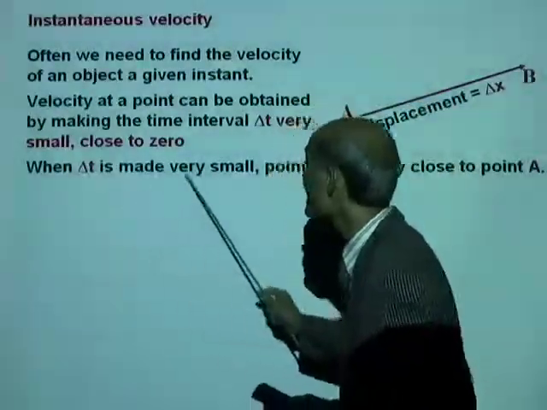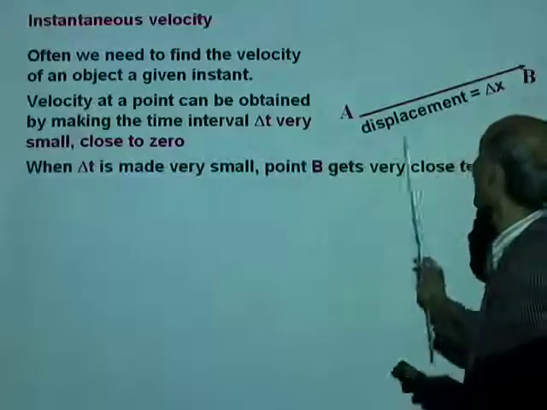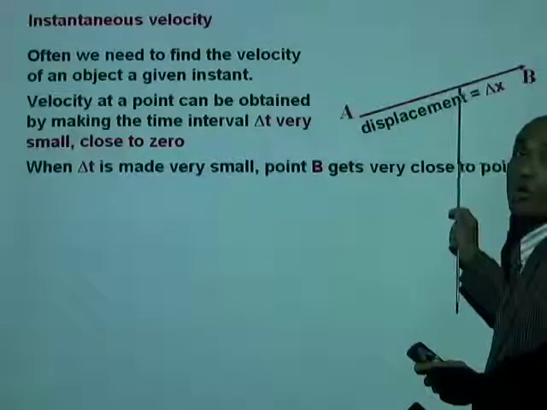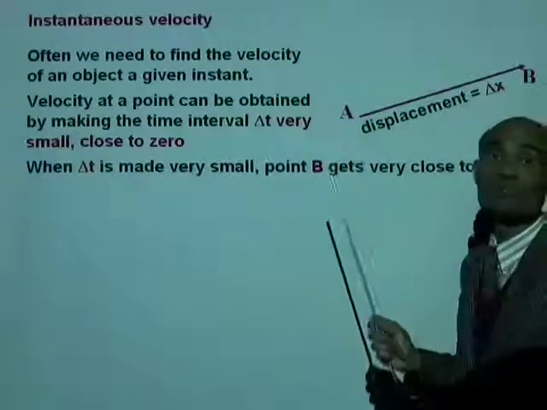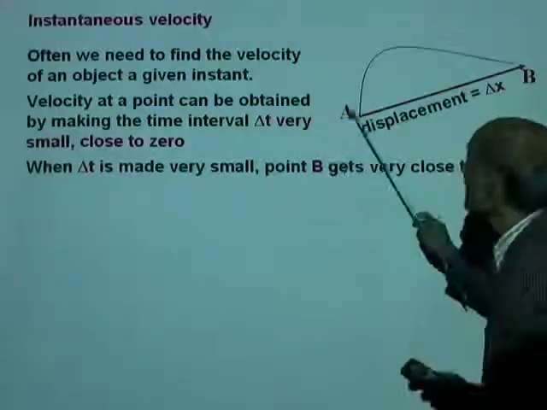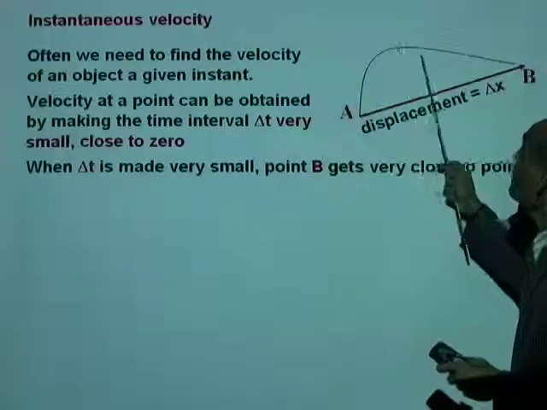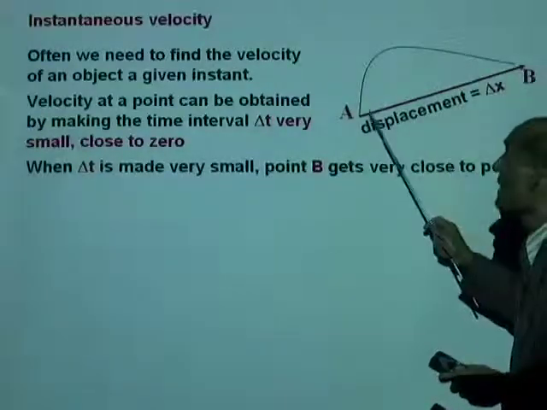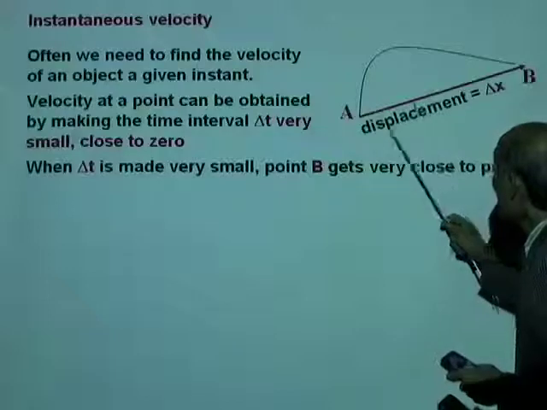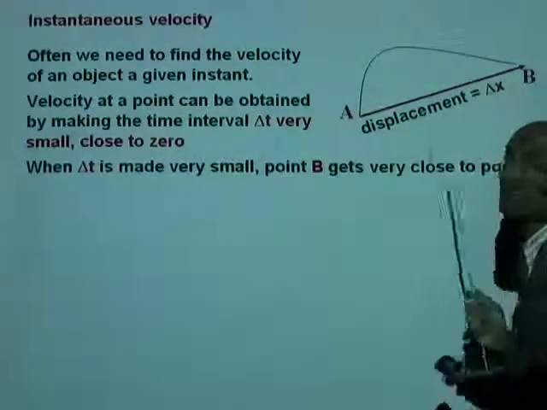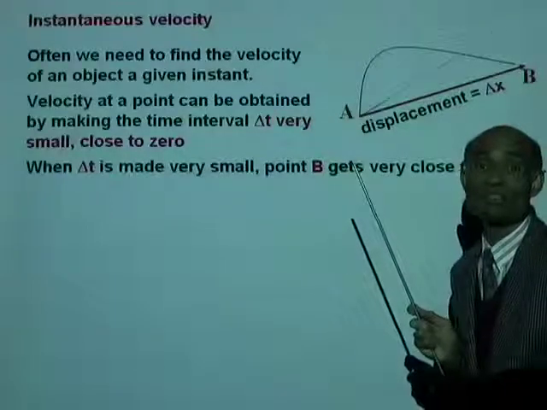When delta t is made very small, what happens? The point B will come closer and closer to point A. Look at that. This is the path of the object. This is the path taken by the car. And so the average velocity during that interval is delta x divided by delta t.